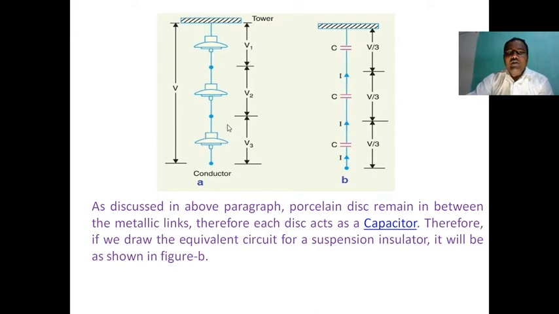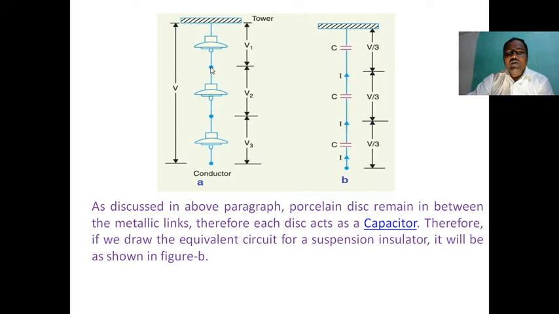So our aim is to maintain the voltage distribution across the string the same. We use 3 insulators. The potential distribution will be the same, meaning V by 3, V by 3, V by 3.